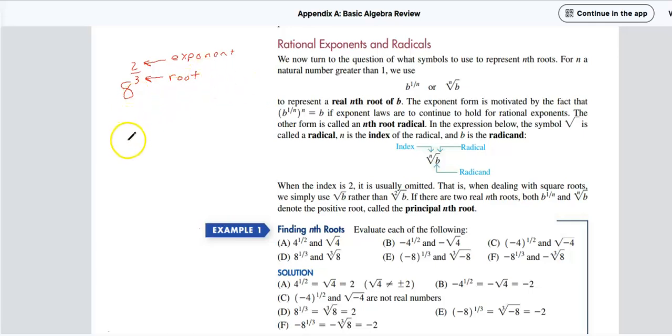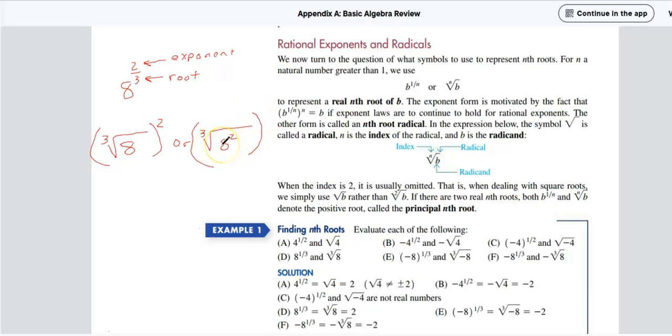So we can rewrite this as the cube root of 8, and we can put the squared inside or outside. Let's write it both ways: the cube root of 8 squared. They are both going to equal the same thing.